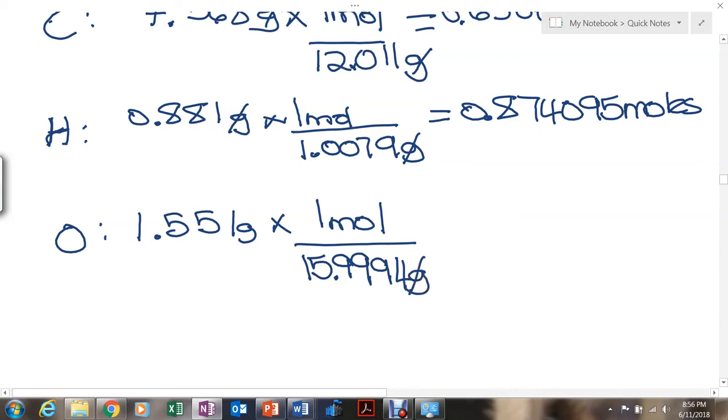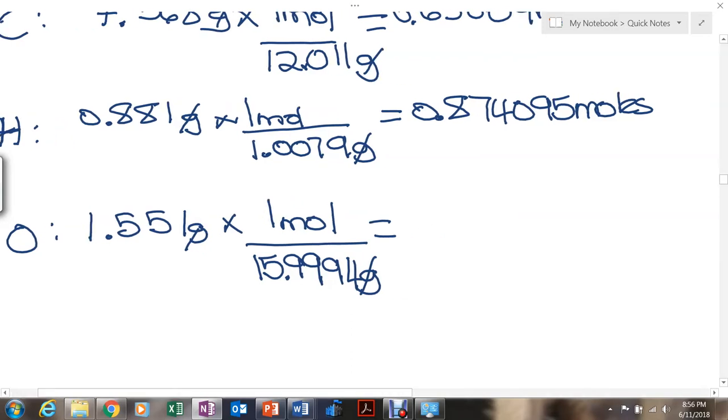I'm going fast on this, and you're going to ask me, where did you get the 15? Go and look at the periodic table. This is the atomic mass, the molar mass of each element. We divide to get the moles, and then we're going to divide by the smallest one. I can't go slower because we'll be here forever.